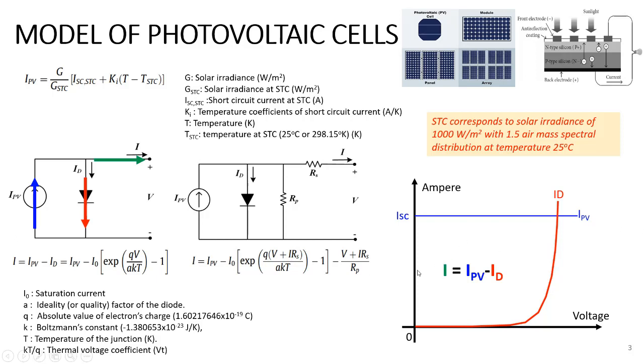Now, when the PV is kept open circuited, the current I equals 0 at the open circuit voltage VOC. And we have the second special working point right here. Finally, one could find the shape of the photovoltaic IV response as the green curve over here.